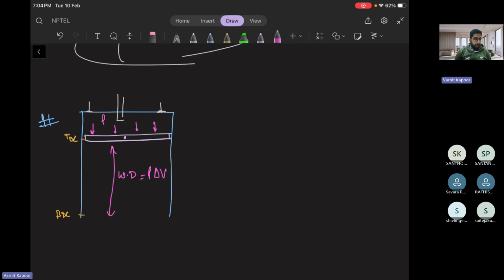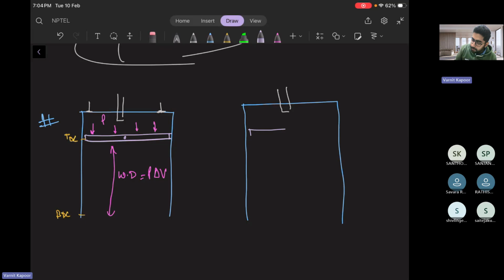But what happens from the suction to compression scenario? How is the fuel burning in this scenario? So again, I make this. This is your BDC, and this is your TDC.